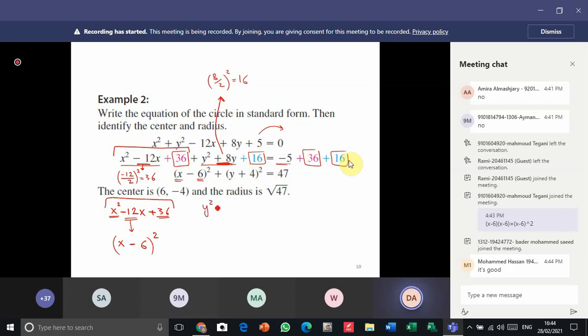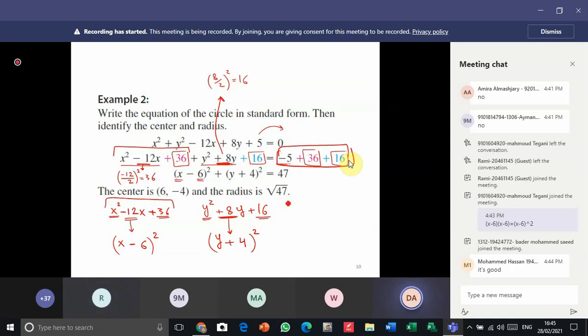Let us repeat it: y squared plus 8y plus 16. Here we want to convert it to a complete square, so what do we get? y plus 4, the radical of y squared is y, the radical of 16 equals 4, and y plus because we have the coefficient of y positive, so we put plus. So we have (y plus 4) squared. Okay, and summing this one we have 36 plus 16, we have 52, minus 5 we have 47.